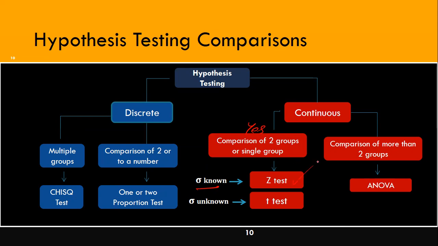Very simple. If the population standard deviation is known, then you conduct the Z test. If I don't know the population standard deviation, then you can conduct the T test. But in the majority of cases, we don't know the population standard deviation.